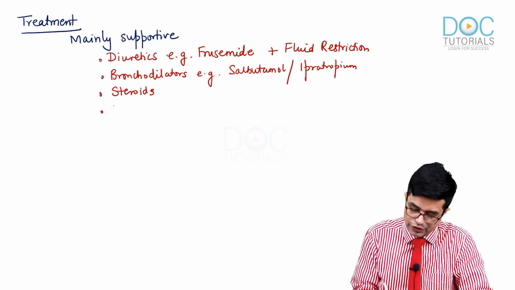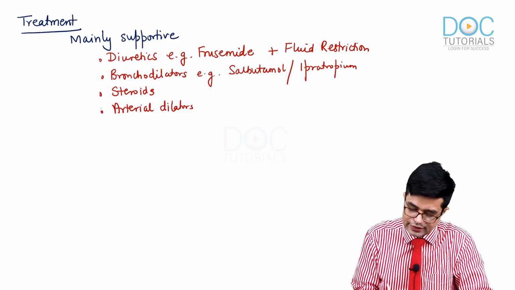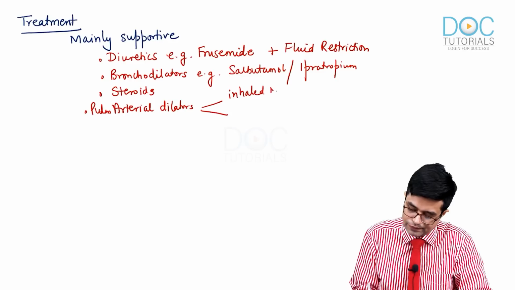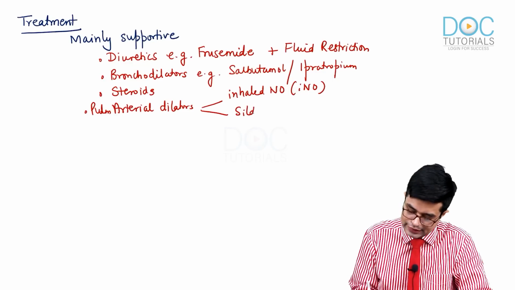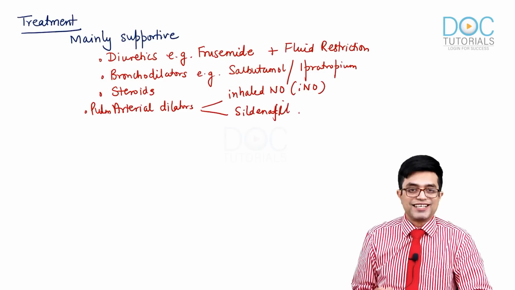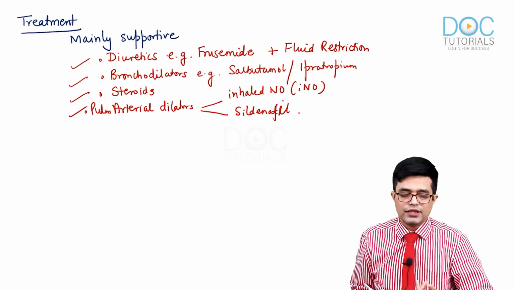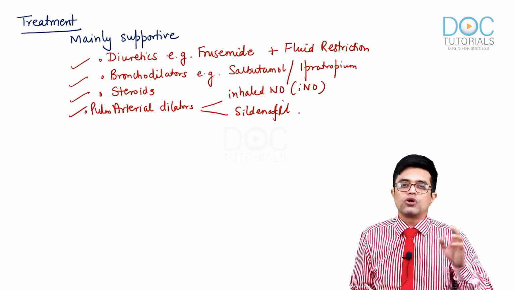And fourth, you need to use vasodilators, or specifically pulmonary arterial vasodilators: inhaled nitric oxide, written as iNO, and phosphodiesterase inhibitors like sildenafil and vardenafil can be used. But treatment overall is supportive. All these drugs are given a trial. In the majority of patients, it is a very slow process and they require prolonged hospitalization.